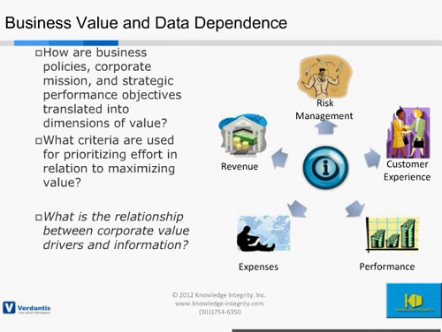So what we often do is we take a step backwards and say, well, what is the expectation for business value improvement, and how is that related to broad scale accessibility to a unified view of shared master data, and how does that impact the organization as a whole?